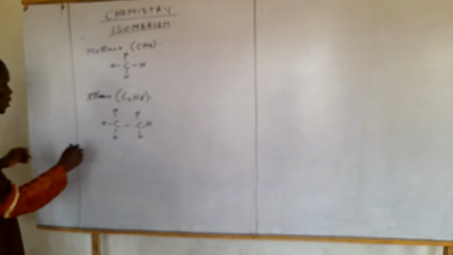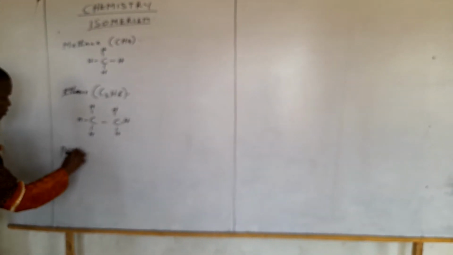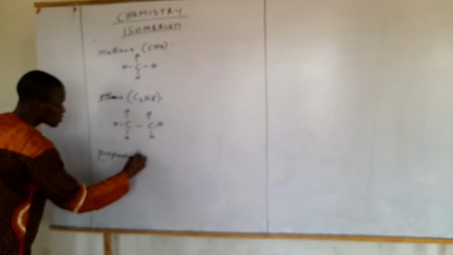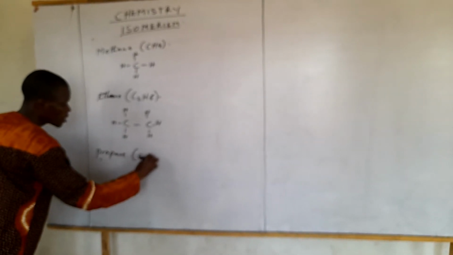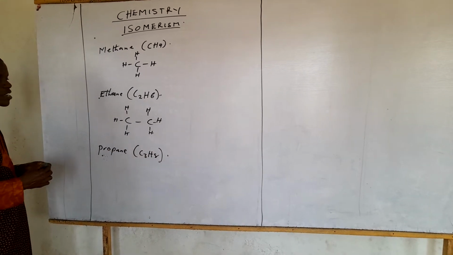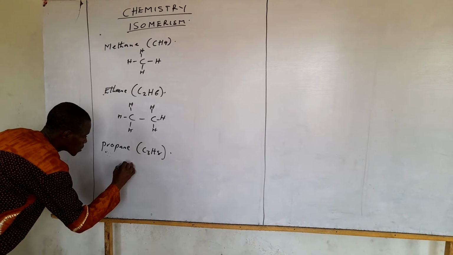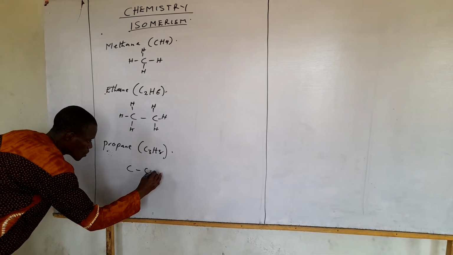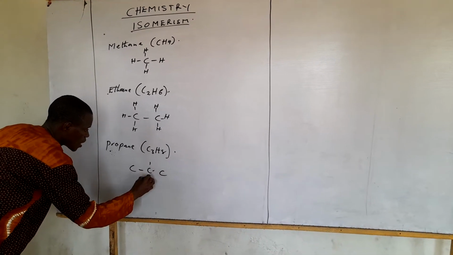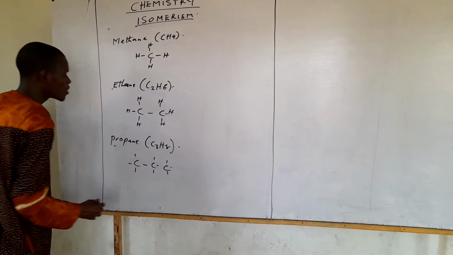3 carbons. We call it propane, and that was C3H8. Let us see if we can have a different structure for that. We have 1, 2, and 3, then we add the hydrogens.